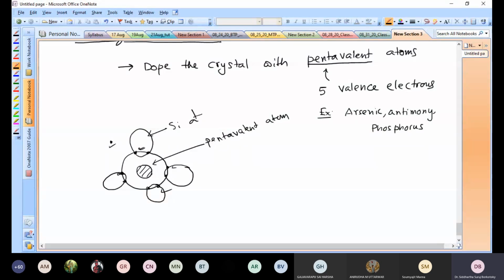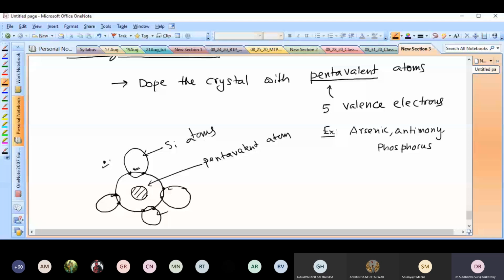This is a silicon atom, and this is another silicon atom. So this electron becomes a free electron. It was originally a part of the pentavalent atom.